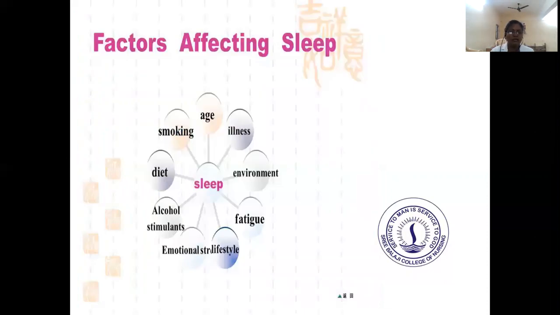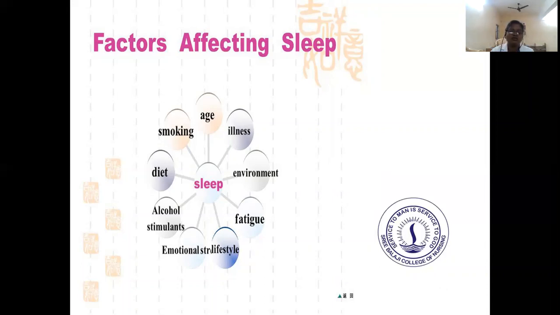Some of the factors which may affect sleep are age, illness, environment, fatigue, lifestyle, emotional stress, alcohol, stimulants, diet, smoking. Yeah, we have to accept all these things. Even age. Old age people may say, I'm not able to sleep because of age.